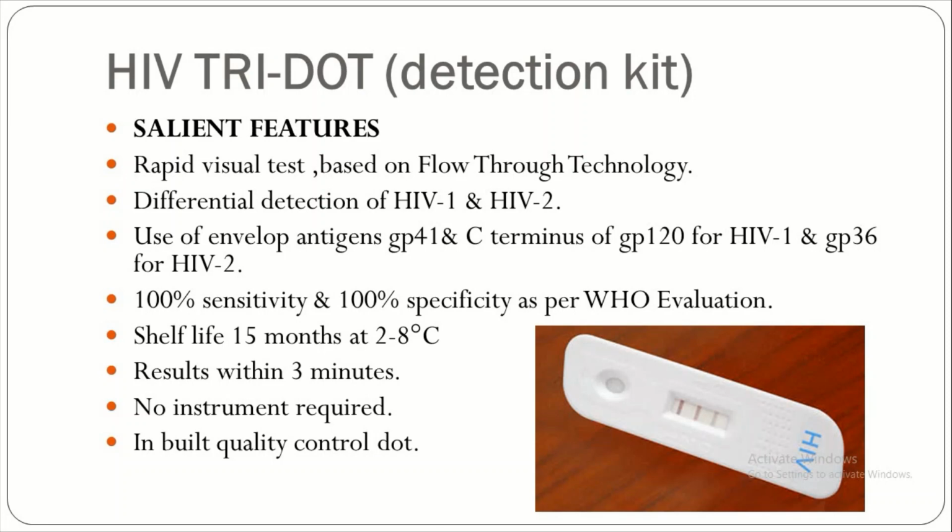This test has 100% sensitivity and 100% specificity as per the World Health Organization evaluations. The shelf life of this kit is 15 months when you store it at 2 to 8 degrees Celsius, basically in the refrigerator.